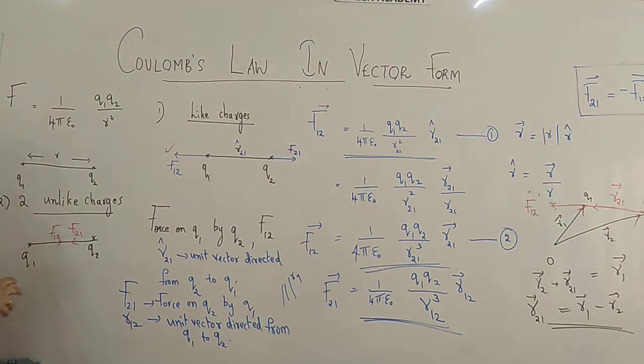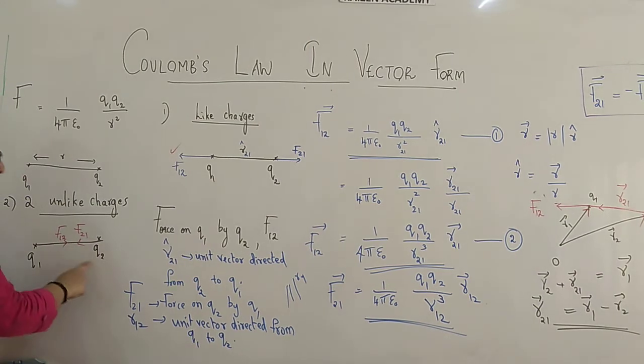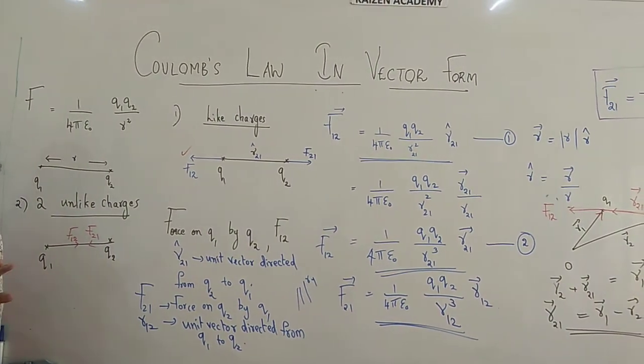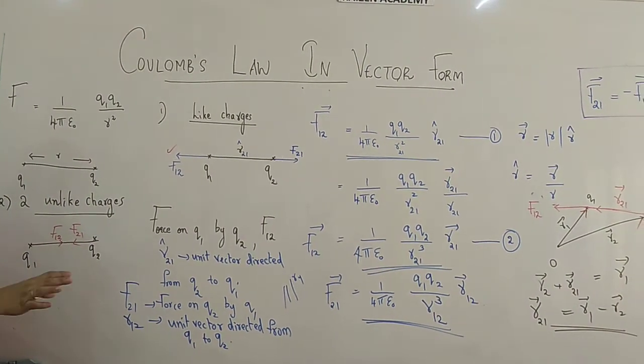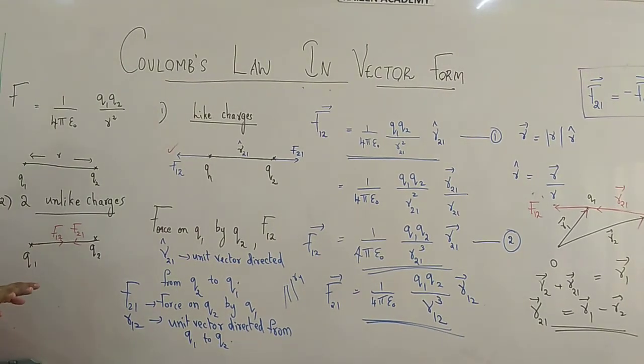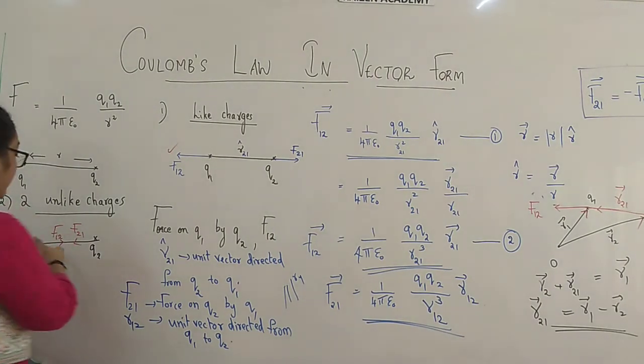So all in all, anytime you consider, the forces are opposite in direction. But the force between Q1 and Q2, if you take the magnitude, whether it is force on Q1 by Q2 or force on Q2 by Q1, magnitude wise it will remain the same. If it is 40 Newton, for both it will be 40 Newton. But directions will be opposite.